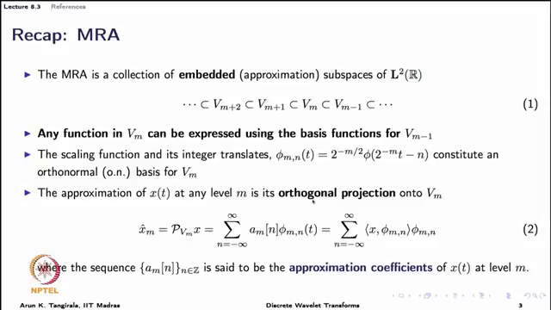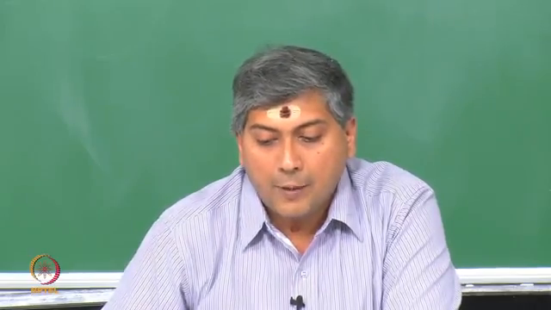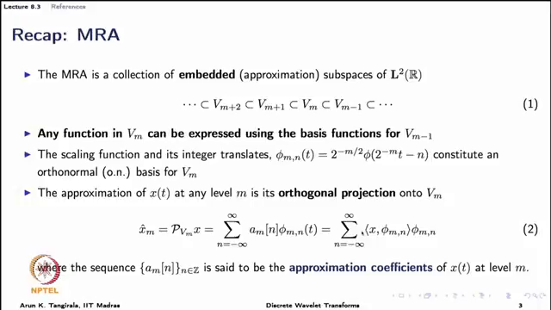And because the phis are orthonormal, we know that these coefficients, the a subscript m n, are known as the approximation coefficients, and x hat is known as the approximation. They are computed simply as the inner product between x and the basis functions themselves. Again, you should go back and refer to the previous lecture for this expression.